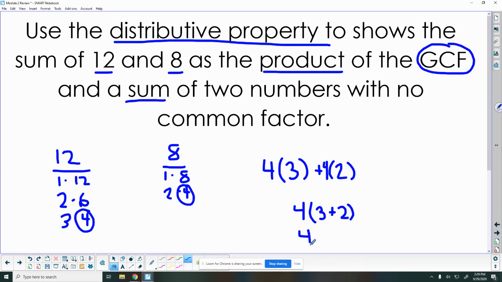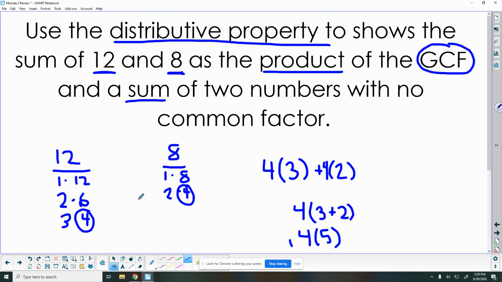So 4 times (3 plus 2), which is 5, is how I would use the distributive property. 4 times 5 is 20. So when I have 12 objects and 8 objects, 12 plus 8 is 20. I would pull out 4 of everything and have 5 groups.